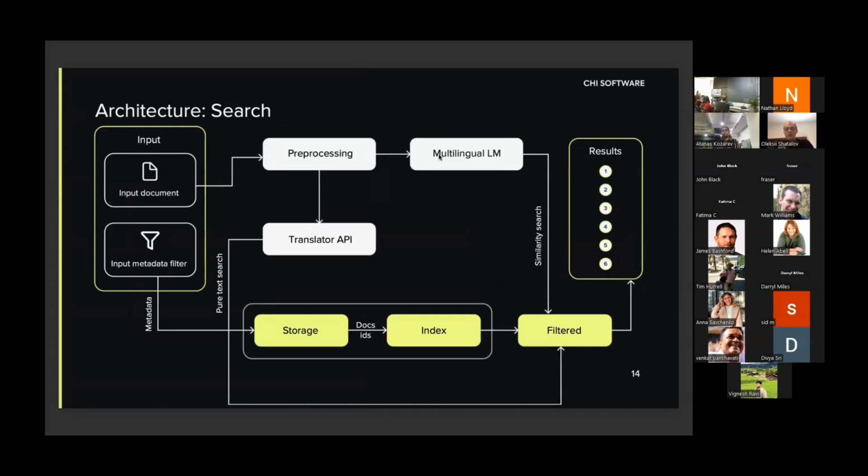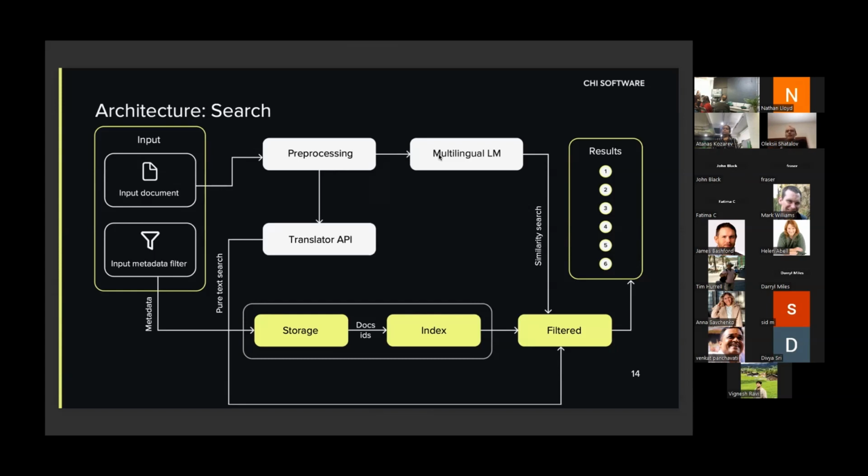The search process will be applied in a combined way, as I have mentioned. It involves both neural networks and deep learning with the multilingual language model, and pure text search with the translator API, using the primary algorithm we used, BM25. We should first filter our data from storage and index.